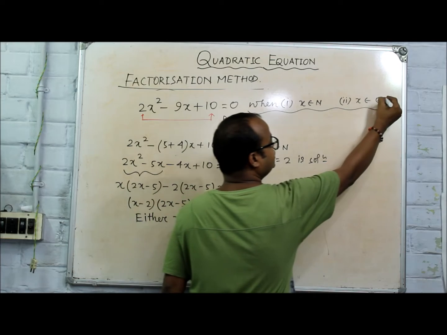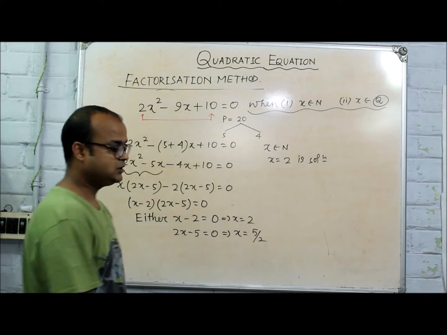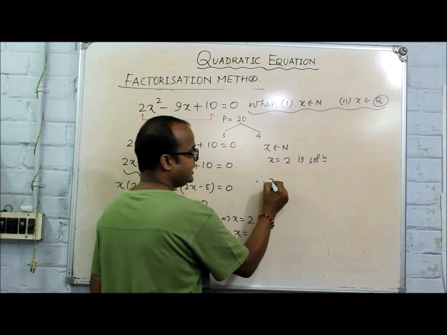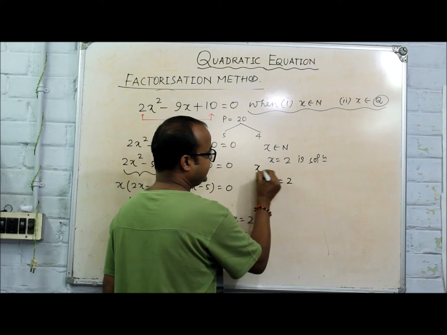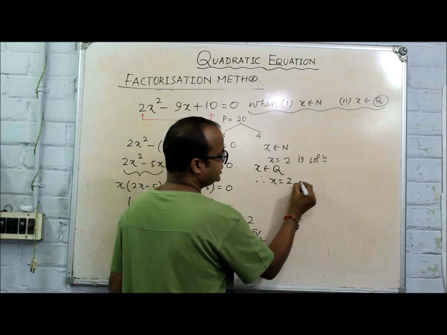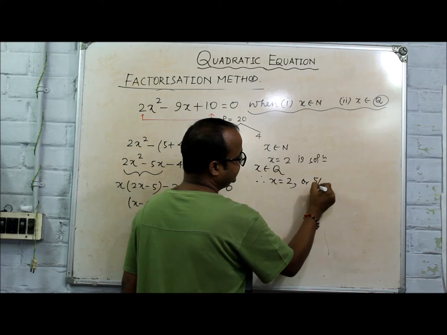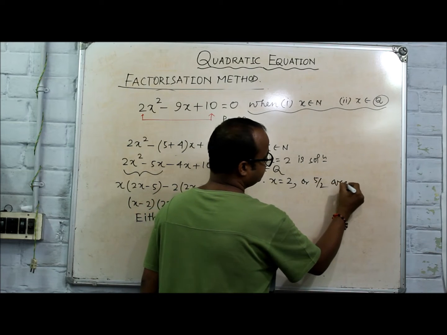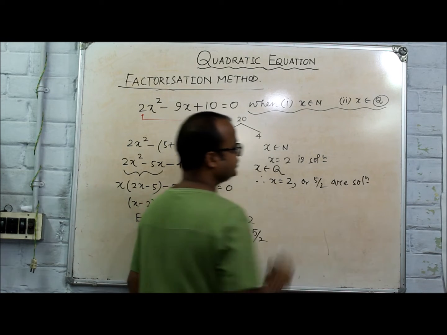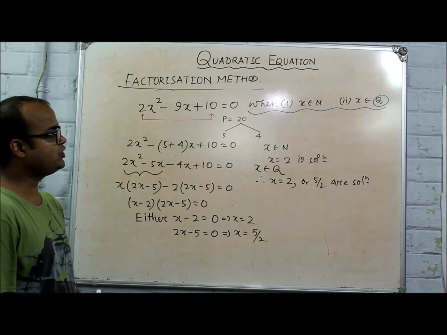And when x belongs to q, q means rational number, so in that case, x is equal to 2 or 5 by 2 are solutions of this quadratic equation.